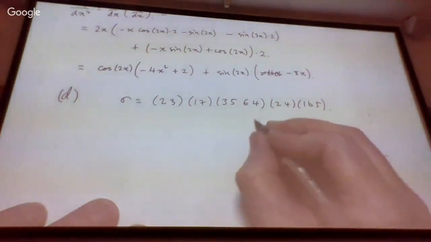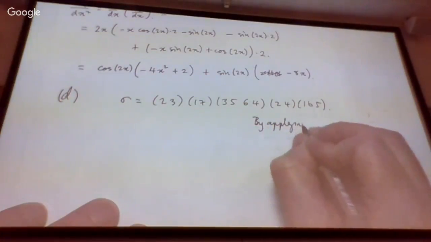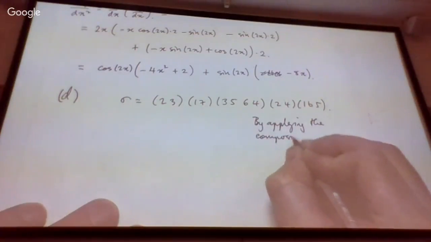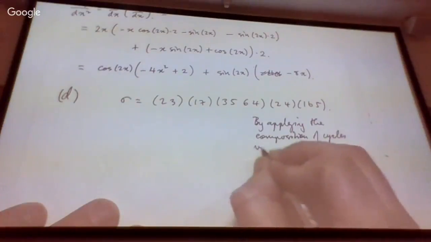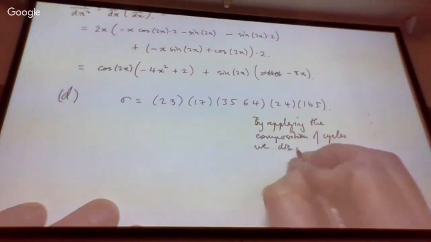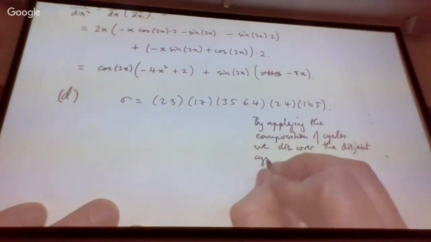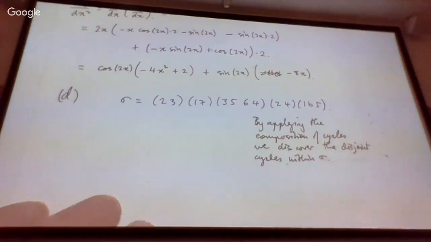So I'll just make a little comment here: by applying the composition of cycles, we discover the disjoint cycles within sigma.